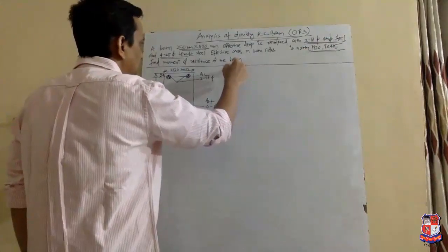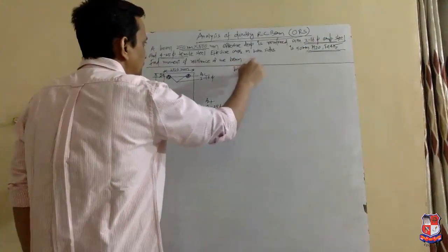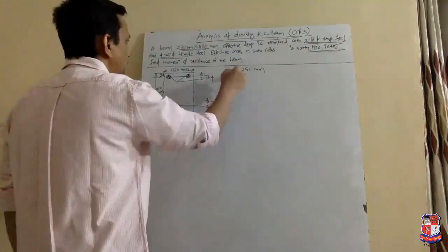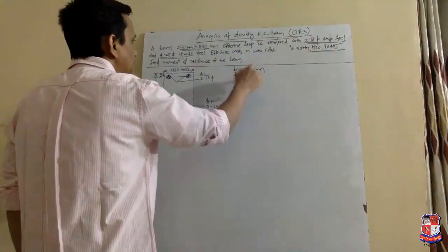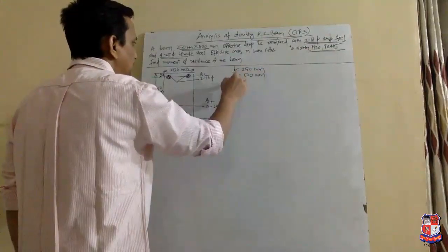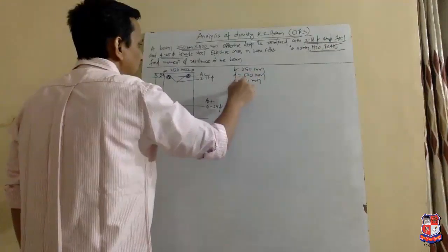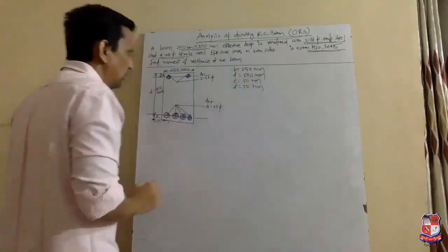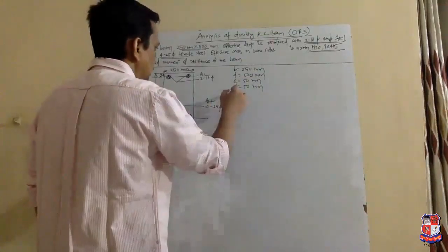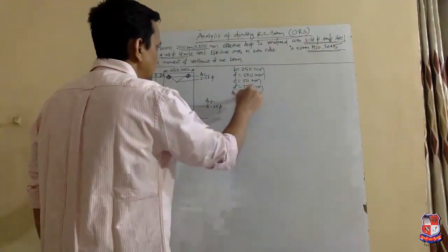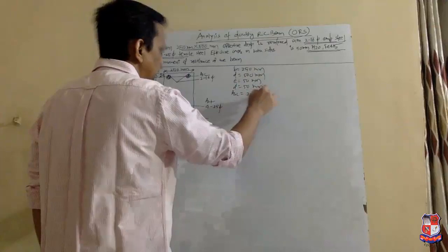Here b is given 250 mm, small d is given 500 mm, e equal to 50 mm, d dash is also 50 mm. In the compression zone, ASC is 2 number 16 dia.